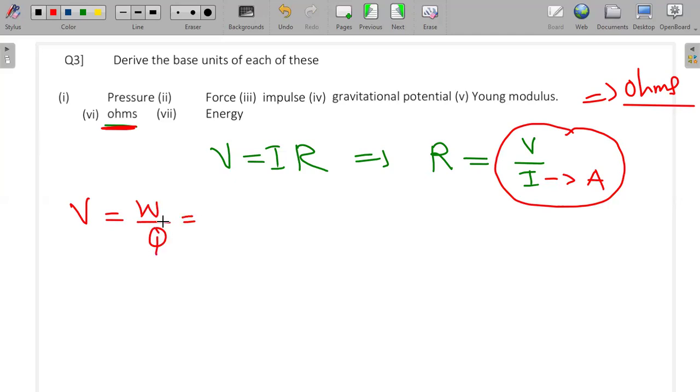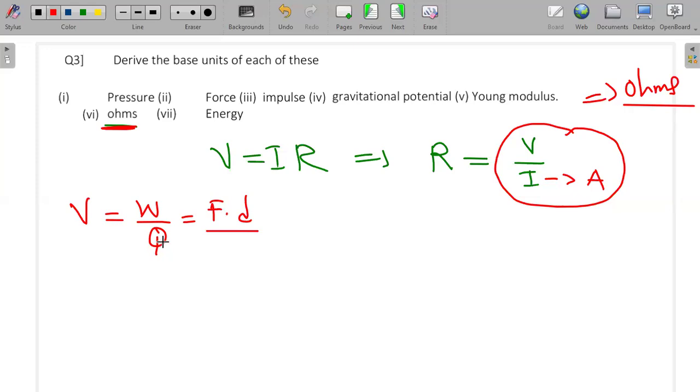So now work is found by force multiplied by distance in the direction of that same force. All right, so work is force multiplied by distance in the direction of the force.